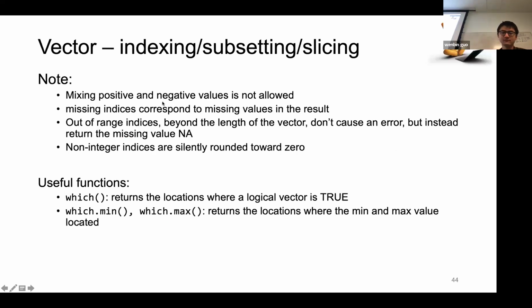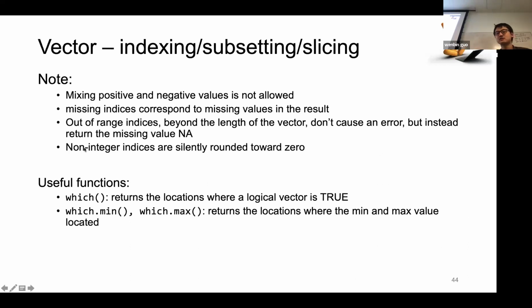And also, if you only have a vector of length 5, but somehow you input the positive number 6, then it will not throw an error, but it will also give a missing value. So always remember to check the length and also the index you are choosing. The length should always be greater than or equal to the index.